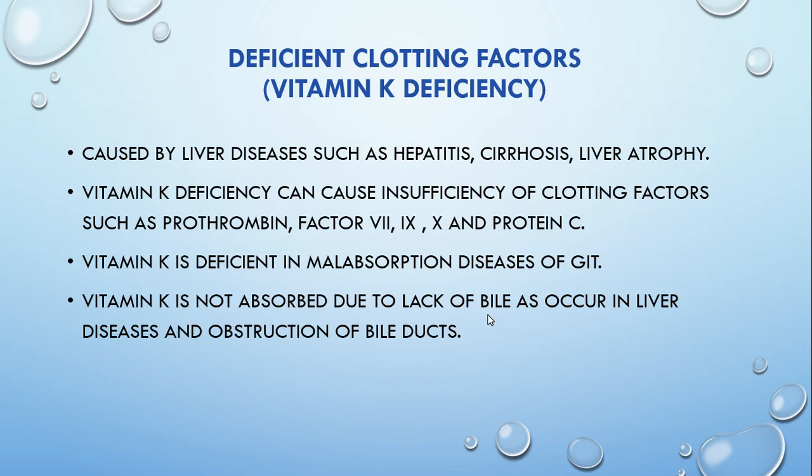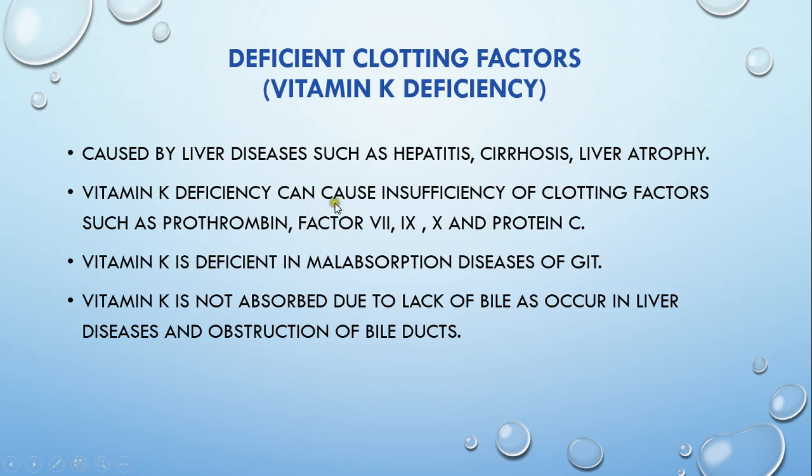The deficient clotting factors are due to the vitamin K deficiency, which occurs as a result of liver diseases such as hepatitis, cirrhosis, and liver atrophy. Vitamin K is formed normally within the intestine by the intestinal flora.